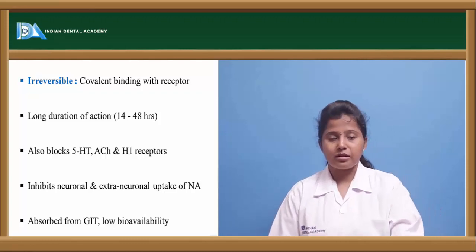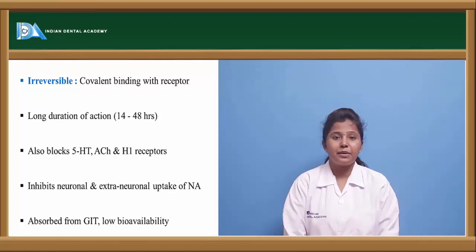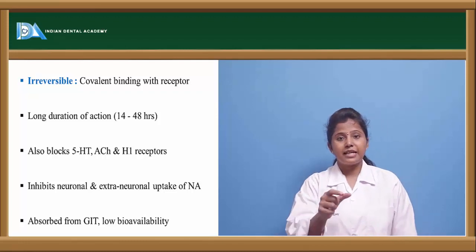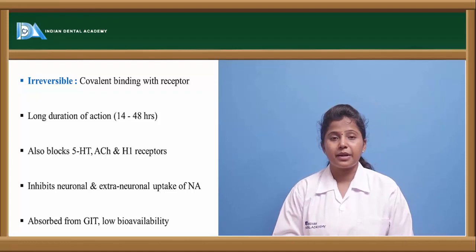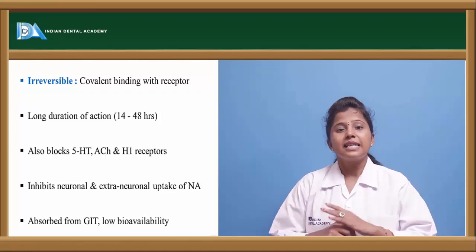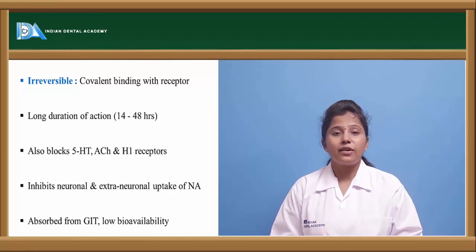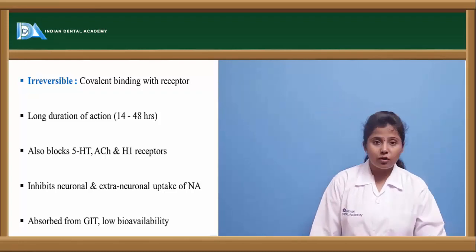What are the effects? Phenoxybenzamine is an irreversible drug, as we discussed in the classification: an irreversible non-selective drug. Once it blocks the alpha receptors, the action cannot be reversed.